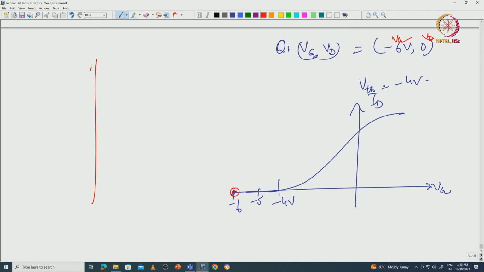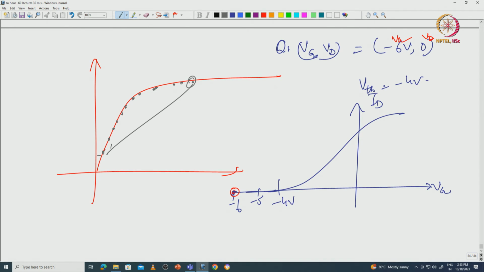So I have something like this, and at different points I am getting different values. After each point here, suppose I measure this point, I go back to Vd equal to 0, and at the same time I put Vg equal to -6.